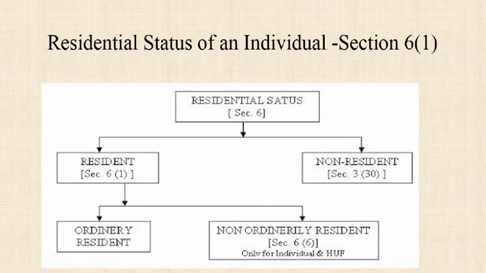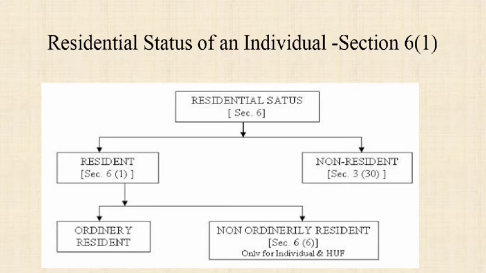Residential status of an individual is classified into three categories. One is resident and ordinary resident, which is defined in Section 6(1). Number two is not ordinary resident or non-ordinary resident, which is defined in Section 6(6). And the third one is non-resident, which is defined in Section 6(3).